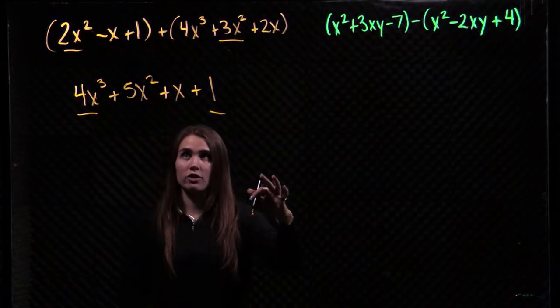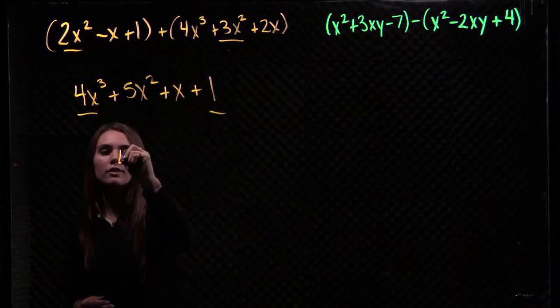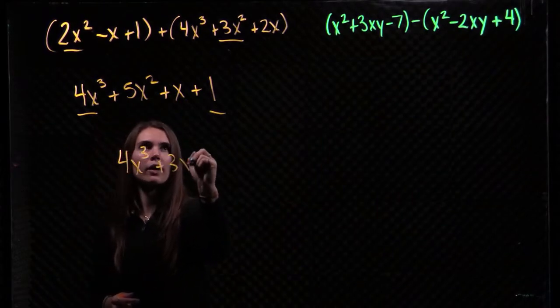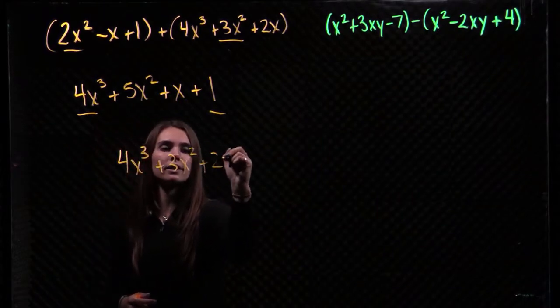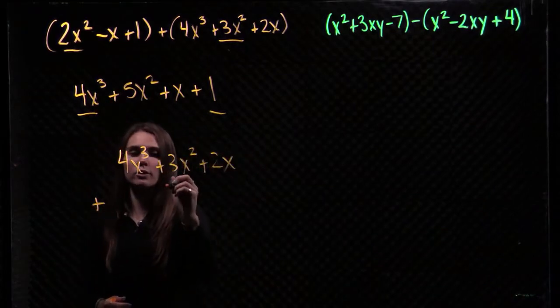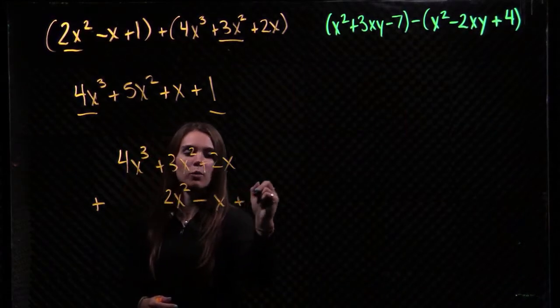Another way that I saw you guys do it was kind of like a vertical method. So I saw you write 4x cubed plus 3x squared plus 2x on top, and then you added 2x squared minus x plus 1.